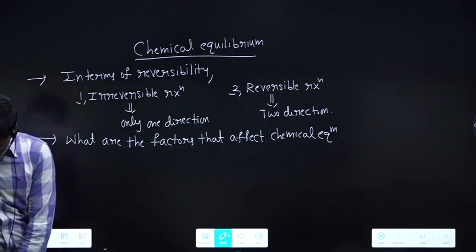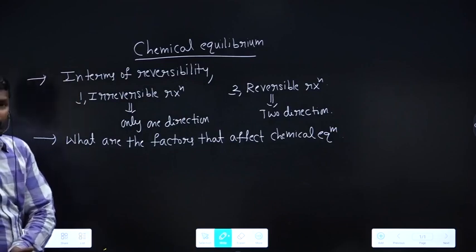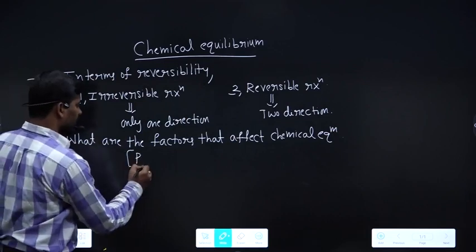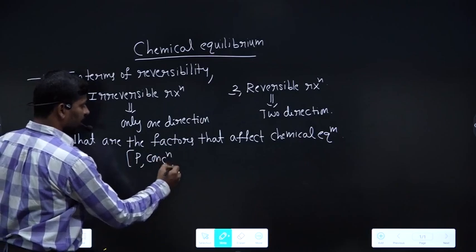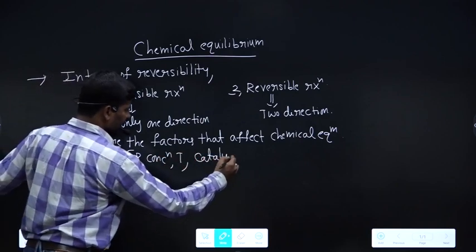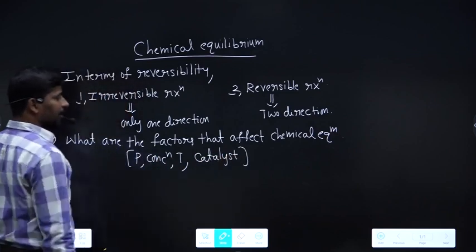The various factors that may affect chemical equilibrium are pressure, concentration, temperature, catalyst, etc.